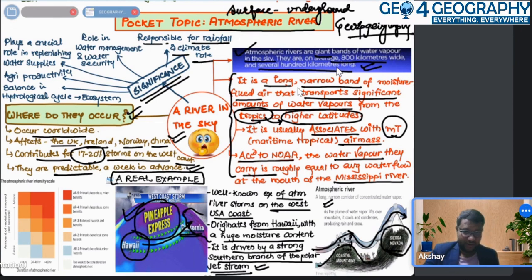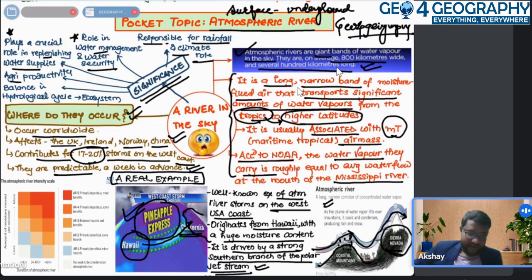It affects the overall climate and weather of the region it flows over. Then its role in water management and water security of the region. Yes, absolutely, it plays a crucial role in replenishing the water supply to the region.